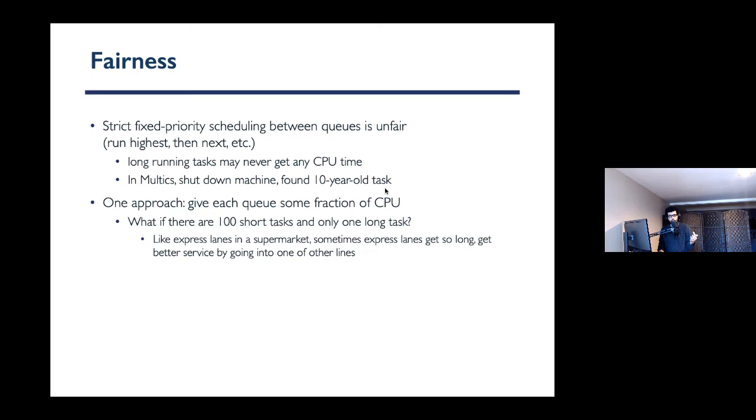You could do round robin between the queues, for example, or you could dedicate some portion of time. Let's say in every minute, you spend 45 seconds on serving tasks from priority 1, and then for the remaining, you divide that to priority 2, 3, and 4, for example.